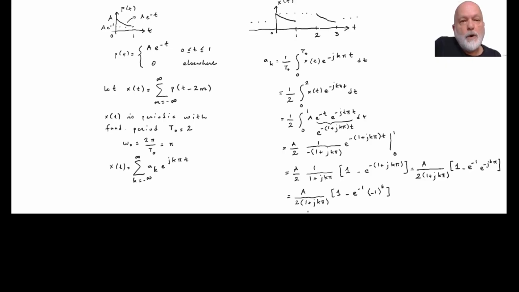The even and odd parts of x of t are also periodic functions with the same fundamental period, and therefore they also have Fourier series representations. So how do we evaluate the Fourier series coefficients? So let us now look at this problem.